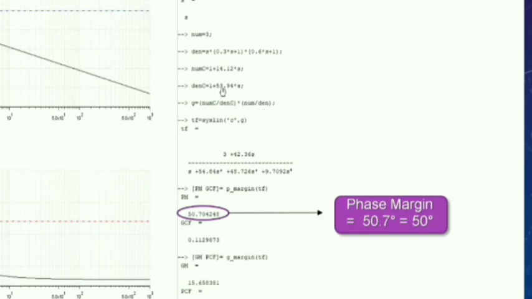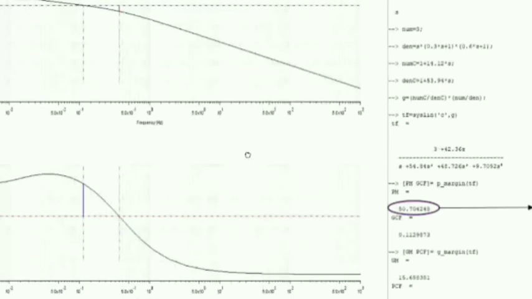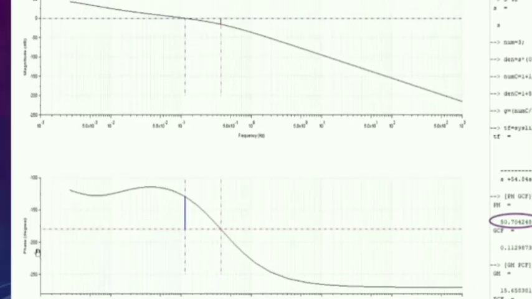Then we insert the num value, den value, num C, and den C value that we have obtained earlier. And then here is the transfer function that we have obtained. And next, this is the graph for both phase and magnitude that we obtained from Scilab.